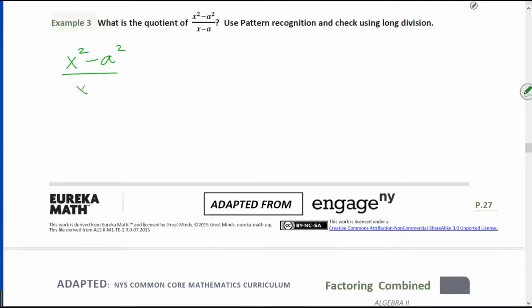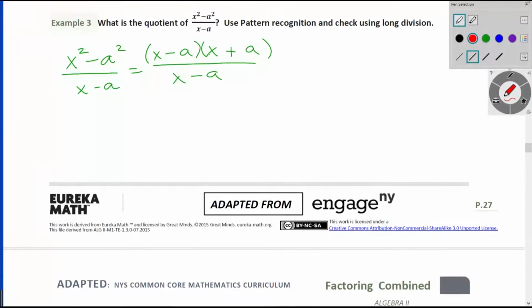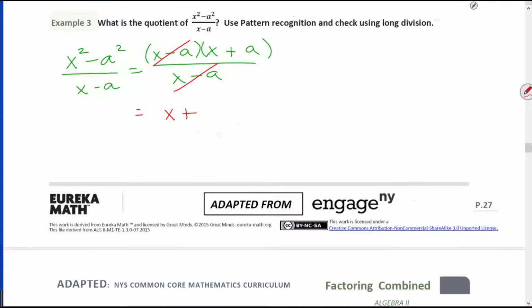So I'll use that factoring pattern. x squared is x squared, so I get x and x. And a squared is a squared, so I get a and a minus plus, divided by x minus a. I notice that this cancels with this, so the quotient is x plus a.